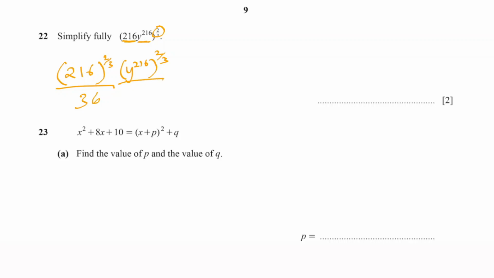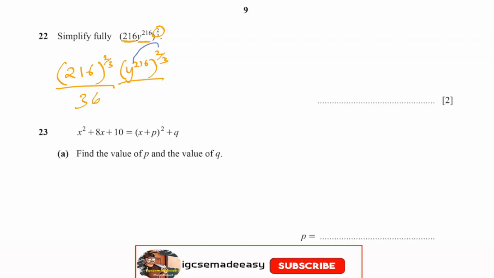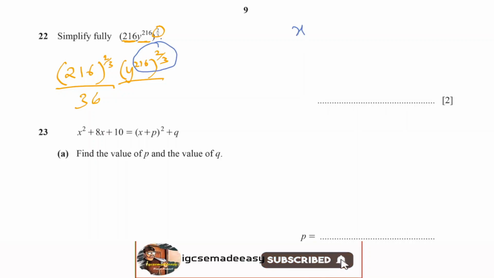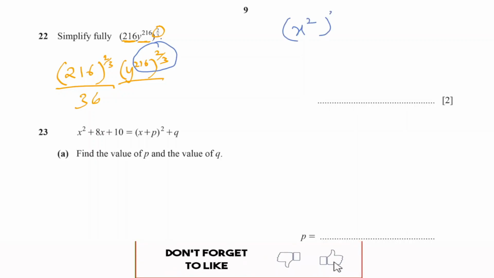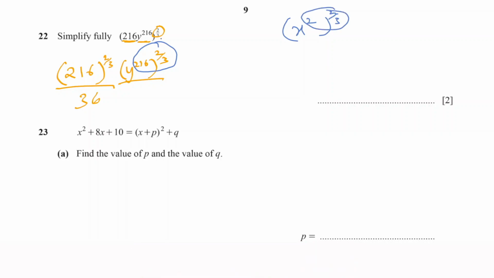But here we cannot solve it directly, we can just multiply the 2. Let's say x square is there and the outside is 2 by 3, so we can multiply this 2. That's the rule actually, right? x raised to power m, all raised to n, is x raised to power m into n. This is the indices rule. So we can multiply 216 with 2 by 3, right? 216 times 2 by 3 gives you 144.